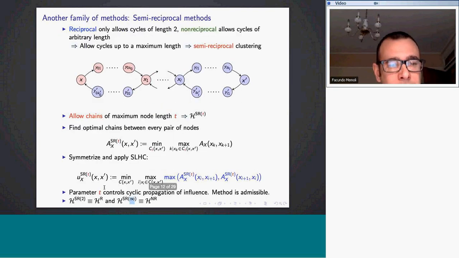Can I just interrupt you? Yeah. Why is the reciprocal case t equals 2 and not t equals 1? Well, you take the cost of going for each pair.